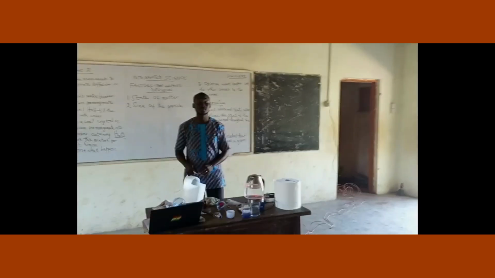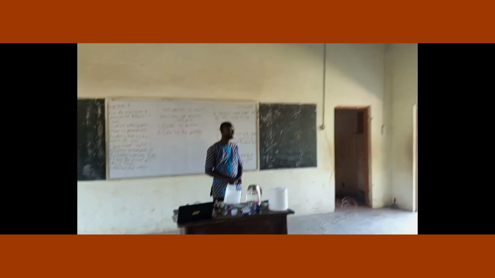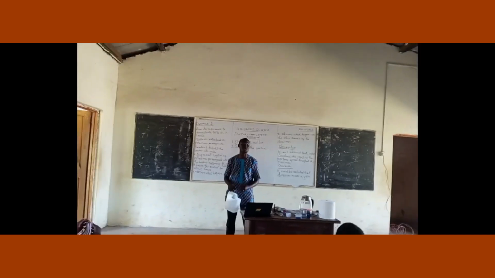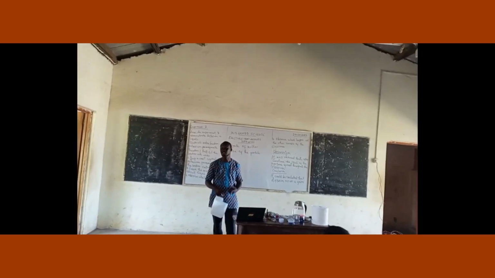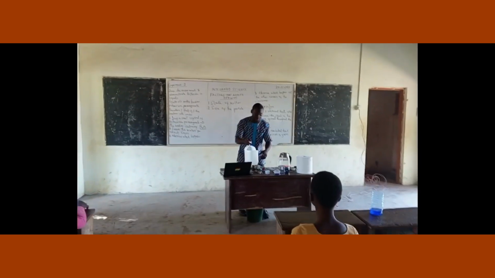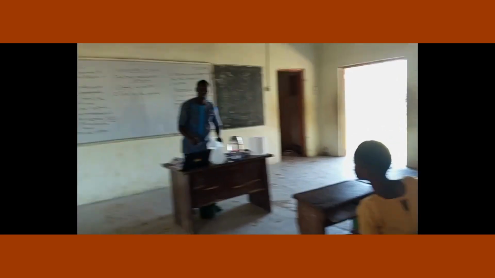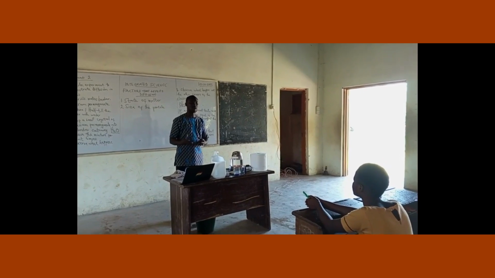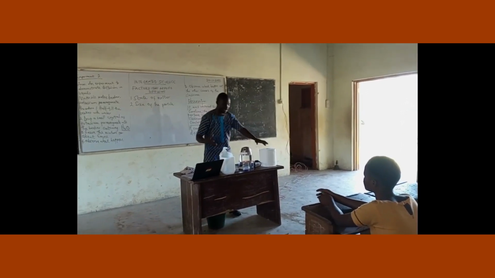Okay, you will get it today. I will teach you temperature and I will teach you heat, and we are going to look at the effect of heat and temperature on substances. People say the temperature is high, temperature is this and that.